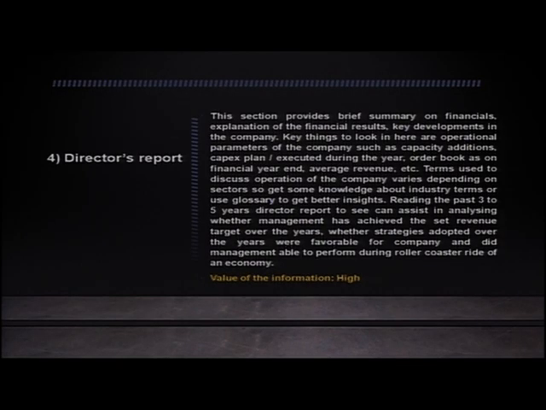Moving further, you have the director's report. A director's report is a mandatory requirement, required as per the Companies Act, both for private and for listed entities, wherein a director would eventually have to sign off and own up that statement.